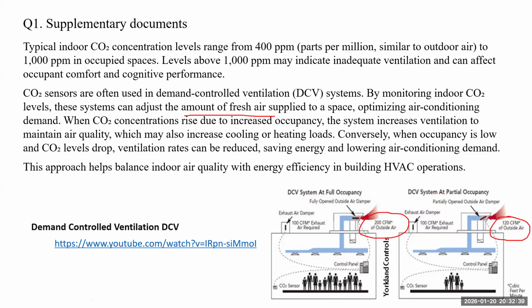So this is another common energy saving demand controlled air conditioning approach. It helps us balance indoor air quality with energy efficiency in building air conditioning systems. As we know, for the built environment, we have to consider the temperature, the humidity, and also the carbon dioxide concentration levels.